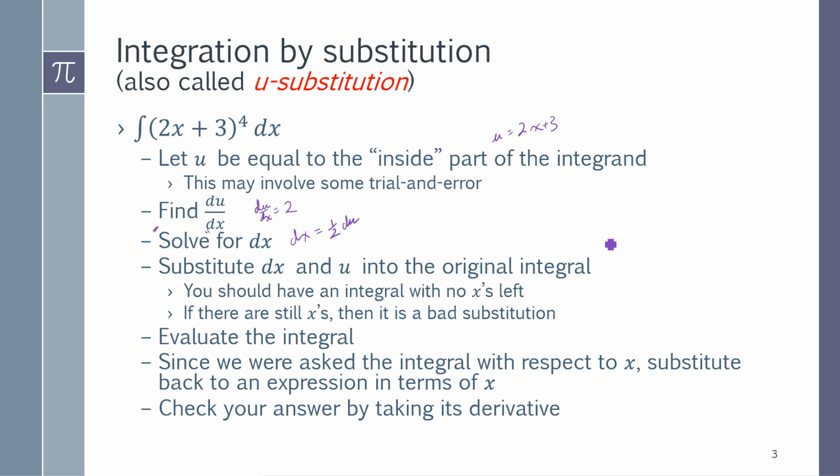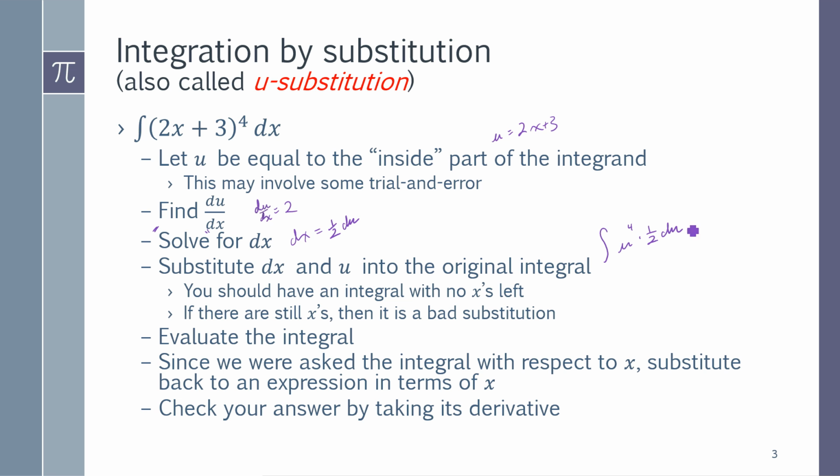The 2x plus 3 can be replaced with u, and the dx can be replaced with 1/2 du. And what I'm looking for here is that there are no more x's left. If there are any x's left, it's a bad substitution. I have to start over and try to have u be equal to something else, or it means chain rule is not really involved.